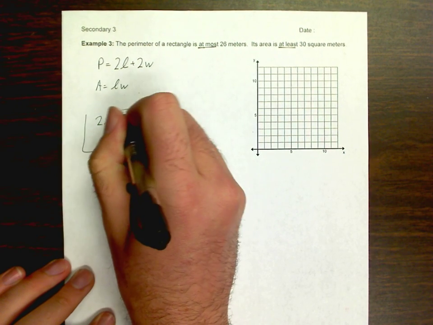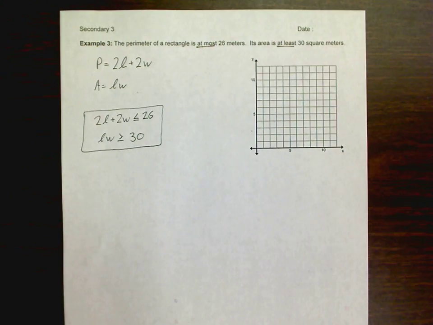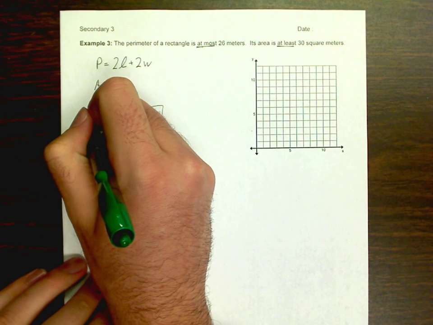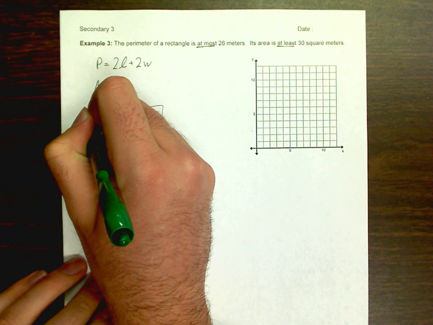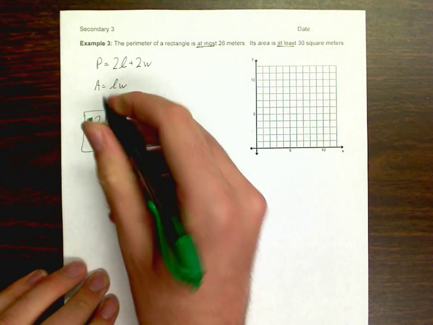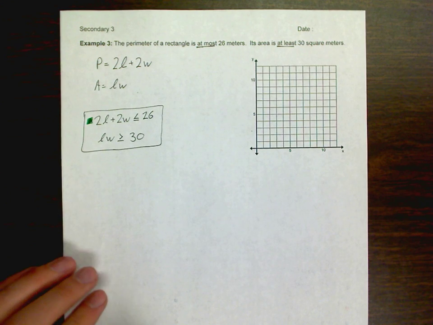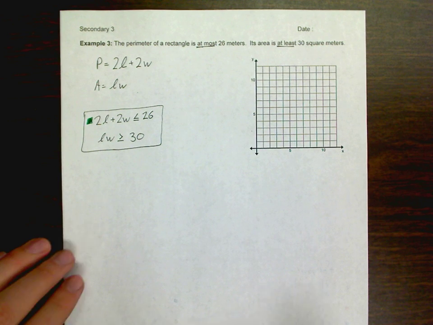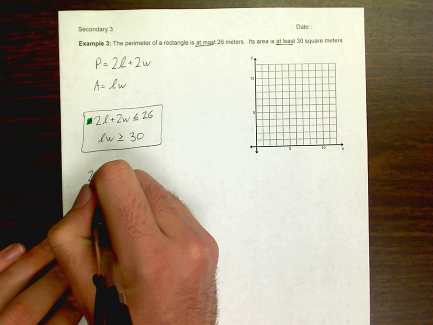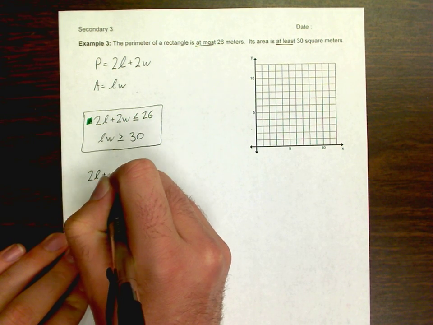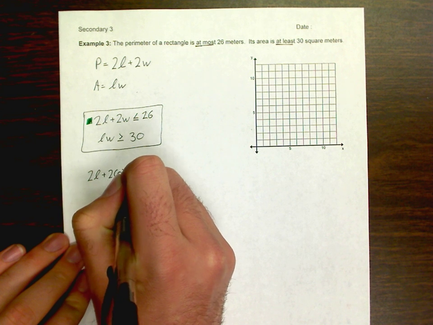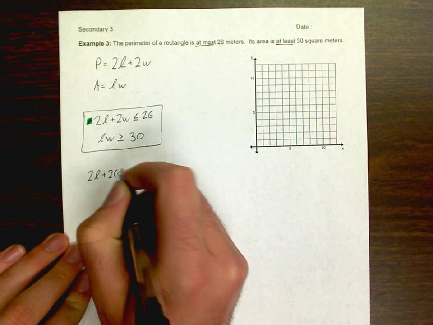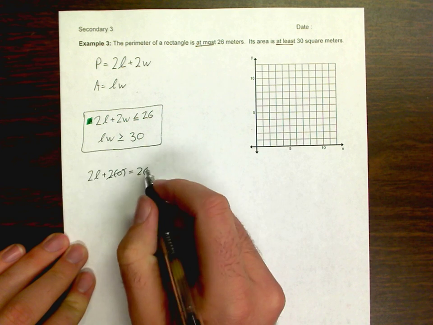Now, we have one of these, call this the green equation. Let's start with this one, because this one is linear again. We're adding two variables. So pretending that we have an equation this time, 2L, let's say that we set W equal to 0, equals 26. That's gone. When I divide by 2, I get that L equals 13.